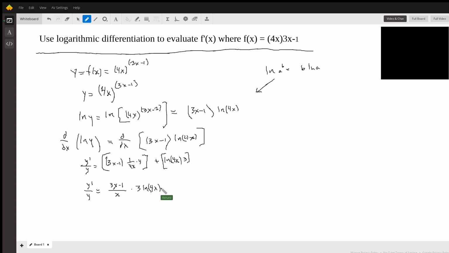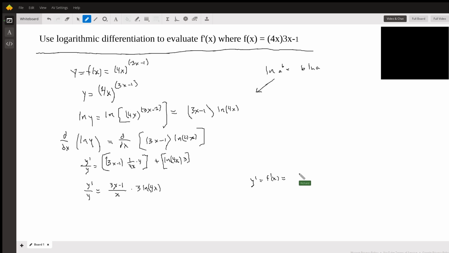Put a bracket there. And then our last step, I'm running out of space here, so I'm going to go over here. So y prime, which is what we want, which is, you can write it as f prime of x, which is what the question asks for, is just going to be y times this business.